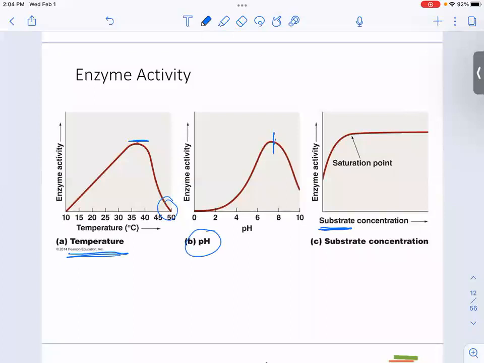If you have a certain number of enzymes, as you get more substrate molecules, then that enzyme is going to be able to work faster because there's more substrate available to make more product, but only to a certain point. If you get more substrate than enzyme, the rate is going to level off. Same thing if you have a certain number of substrate, make more and more enzyme, the reaction will move quicker, only up to a certain point.